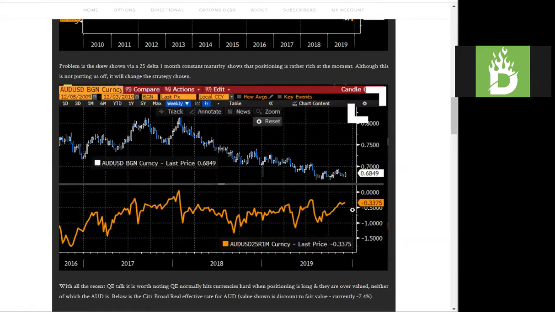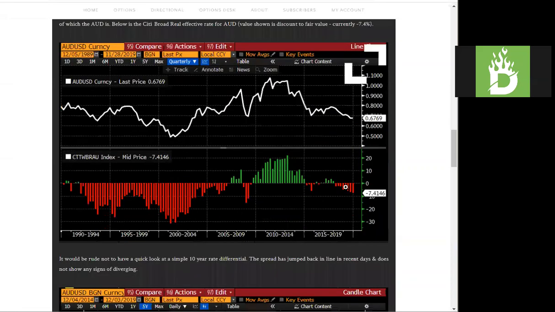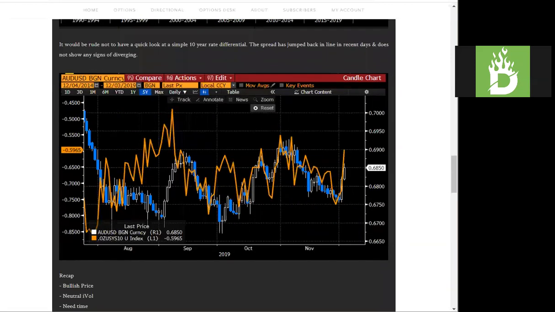So it suggests to me that maybe there's a bit of demand on the call side, or the calls are slightly rich. So this is just a fair value currency model from our friends at Citibank, showing that the Aussie is undervalued. It's like quarterly bars or something like that. So it's quite a long-term model, but it's showing you that we could start to see some potential rallying here.